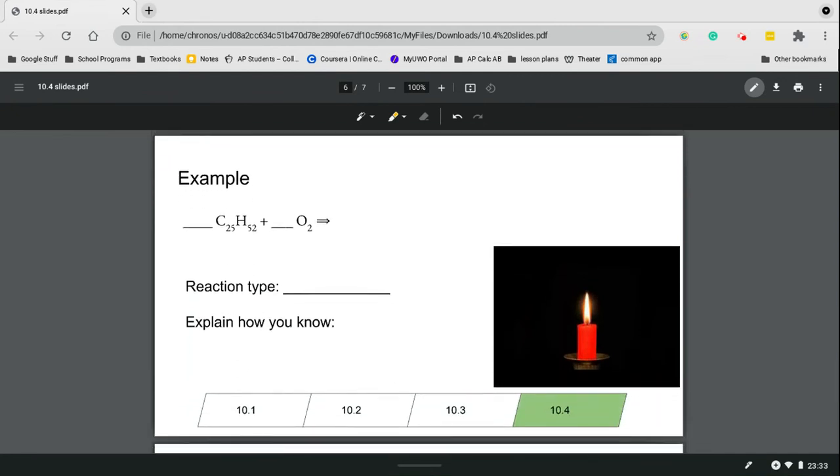Here, we have a hydrocarbon and oxygen gas, which is going to make it a combustion reaction.